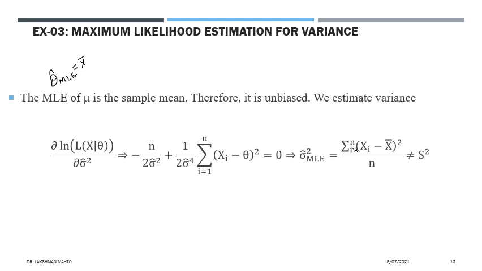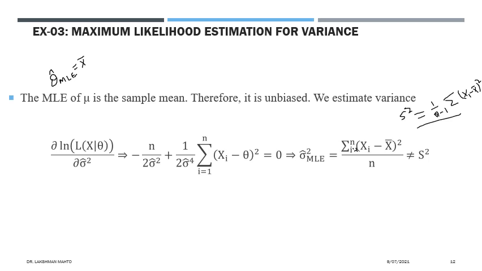So this estimator is not equal to the sample variance. Why? I had already mentioned that sample variance includes the Bessel correction, the 1 by n minus 1 factor, multiplying the summation over xi minus sample mean squared. So that one is s square.